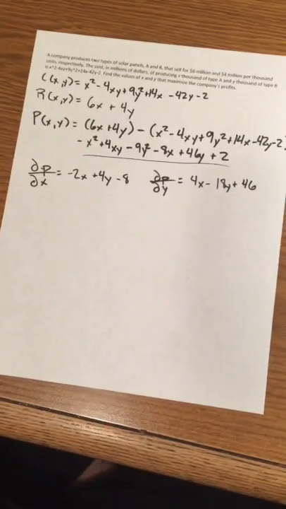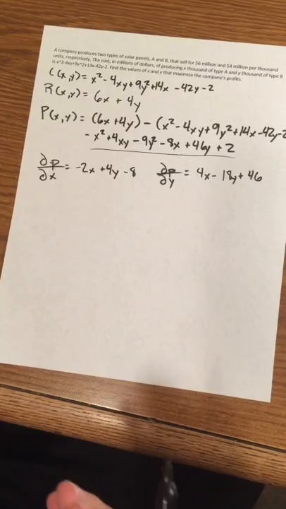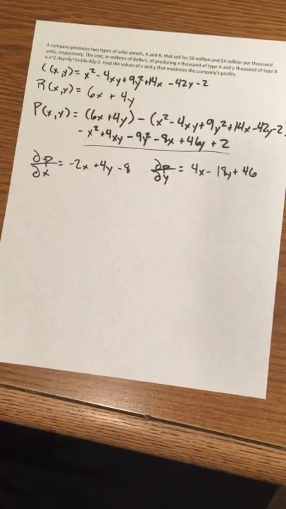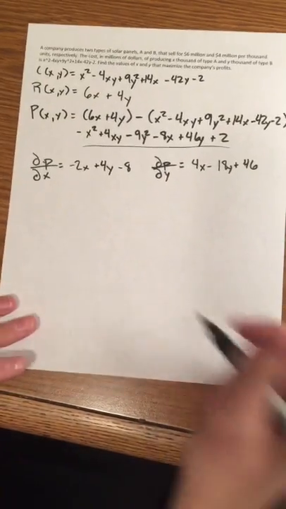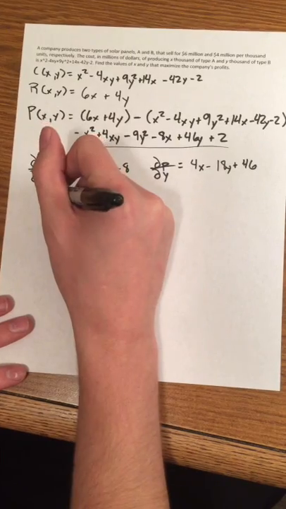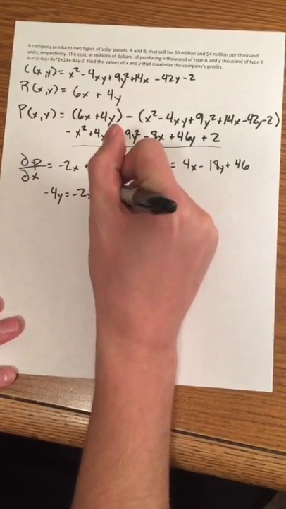So now we can solve for y in both equations, and they're going to equal each other. So let's bring the 4y to the other side of the equation. It's going to be negative 4y equals negative 2x minus 8.